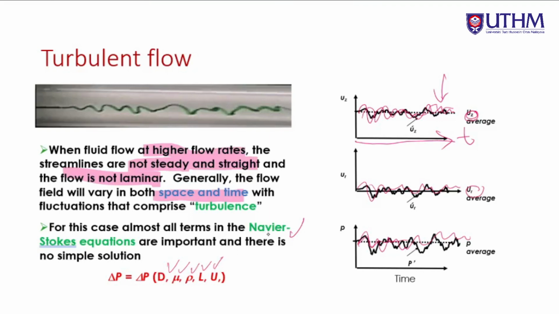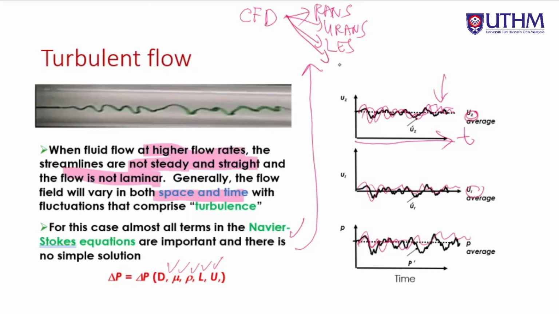Actually Navier-Stokes equations ni dah lebih kepada fluid flow problems and solving lah, analysis, in which bila you guys using the CFD, computational fluid dynamics, kita akan ada banyak solver yang kita boleh guna, sama ada RANS atau URANS atau LES atau DNS, dan ada beberapa lagi lah.